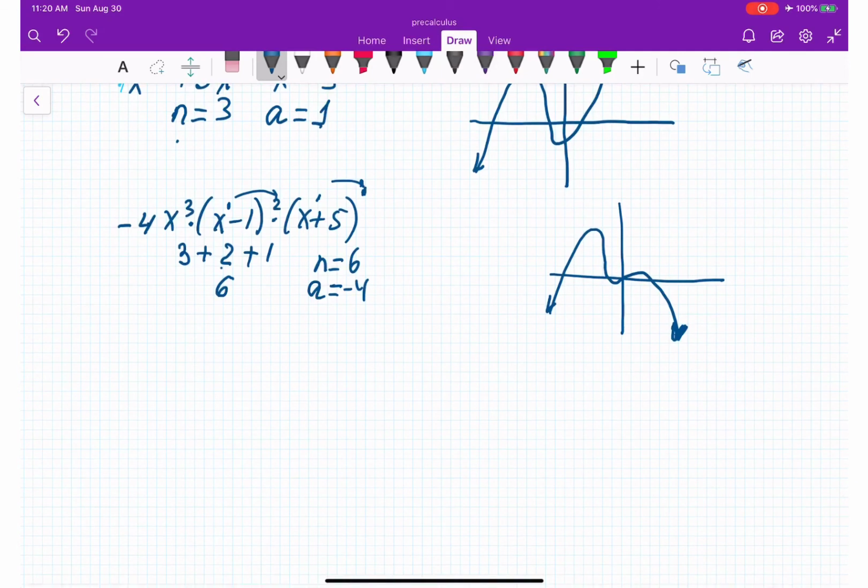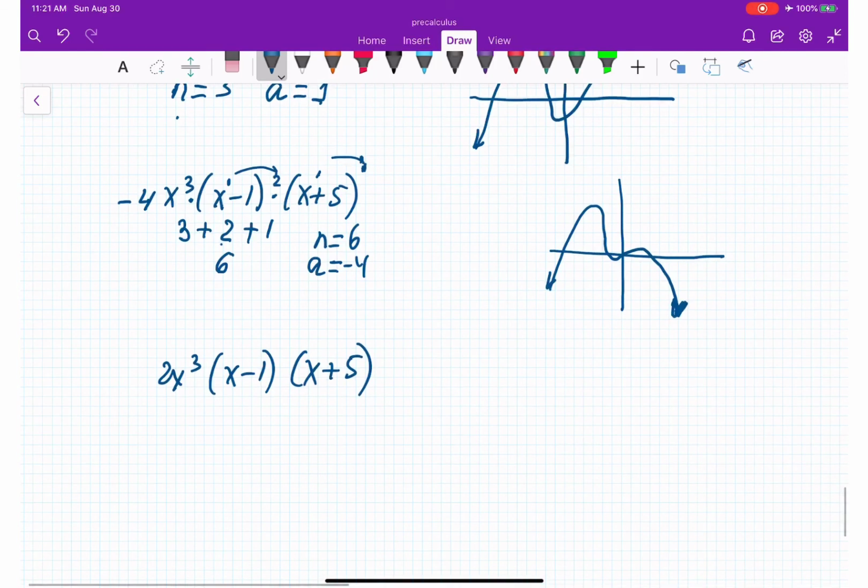Let's say 2x cubed, times x minus 1, and x plus 5. So how much is our degree? This is 1, here is 1, here is 1, here is 1. So we get 3 plus 1, because we have 1 times 1, and then plus another 1. So we get 5. Degree is 5.